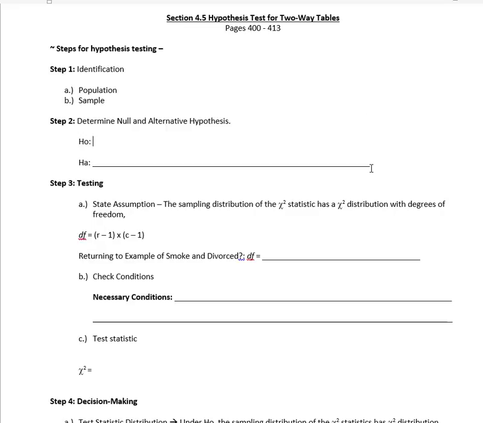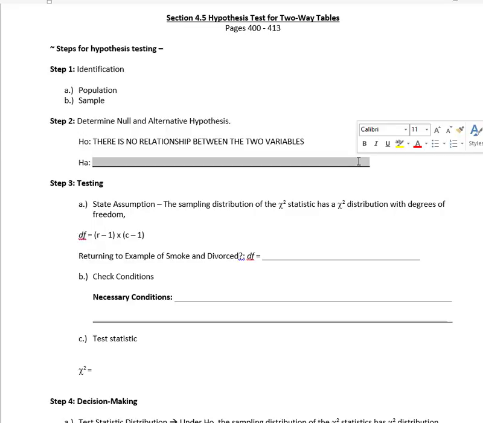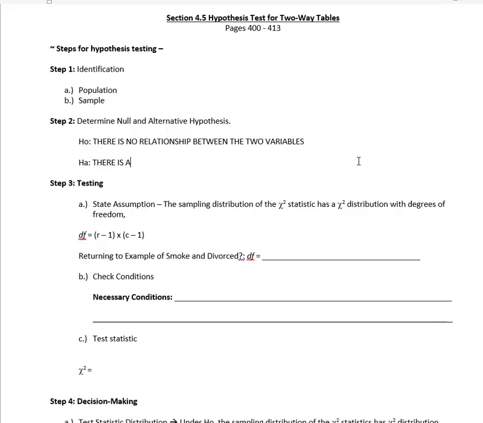So the null hypothesis would be that there is no relationship between the two variables. Now remember, the alternative is that there is something happening, or there is a relationship, or there is a difference. So here we would have there is a relationship between the two variables.